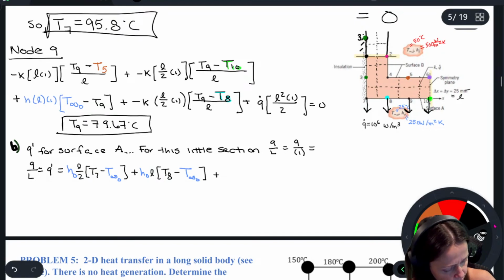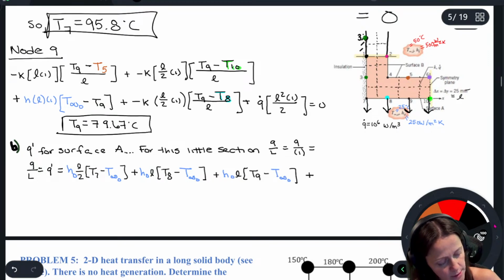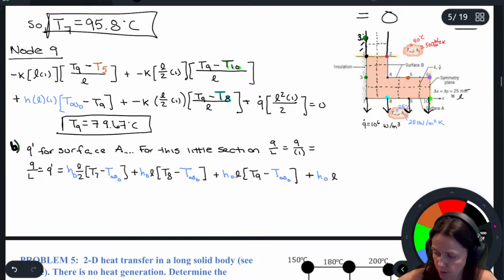So it's going to be H naught L times T9 minus T infinity for the outer, plus for 10, H naught times L divided by 2.